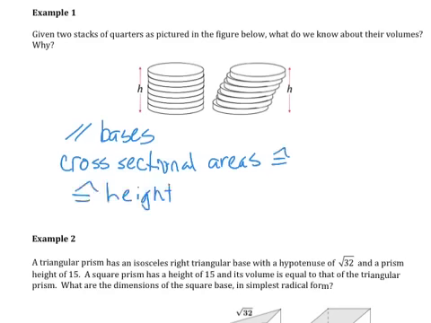Those are the three conditions for Cavalieri's principle to work. If those three things are true, then the volumes are equal. Parallel bases, and at every level the cross-sectional areas are equal, and they have the same height. They've got to have the same volume.